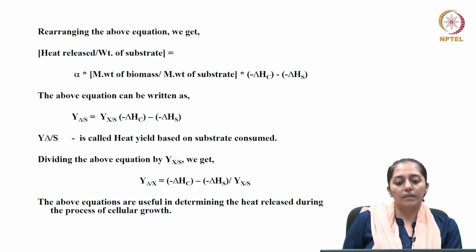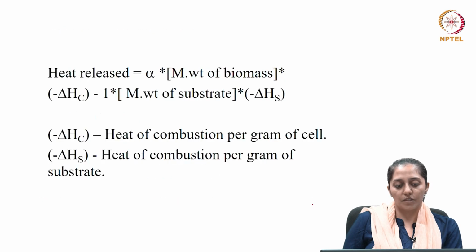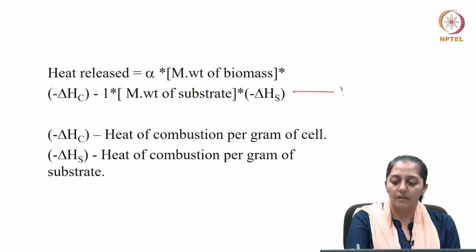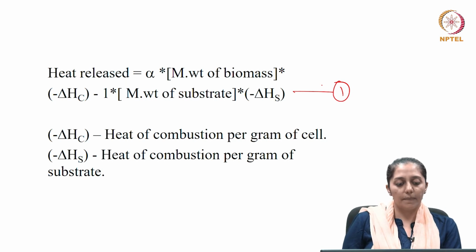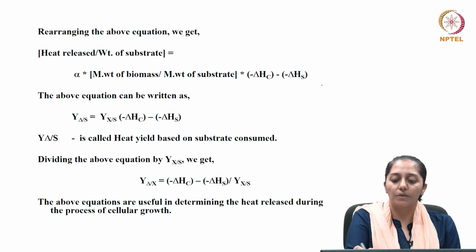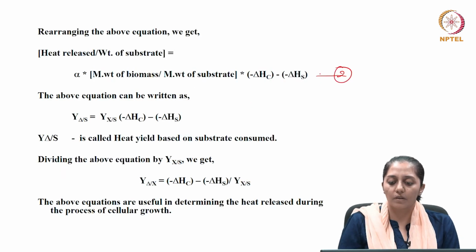Then for that we will divide the entire equation by the total amount of substrate consumed here. This is nothing but the molecular weight of substrate, because it is only 1 mole of substrate. So, you can divide the entire equation given here, let us call it equation 1, by the molecular weight of substrate. Then equation 1 becomes equation 2.